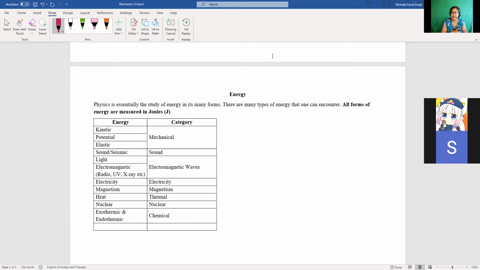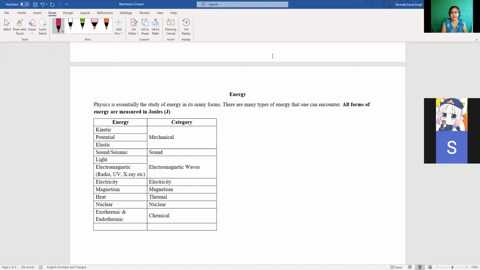I said physics, and she had no idea what physics was. So if you had to explain what physics is in the very simplest of terms, it may be a little wrong, but physics is the study of energy and how the different forms of energy move, and the rules, laws and theories that govern it.